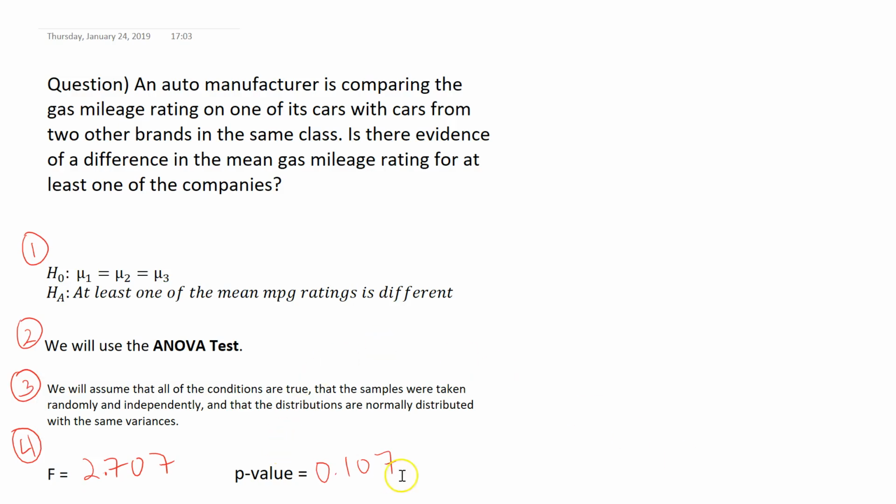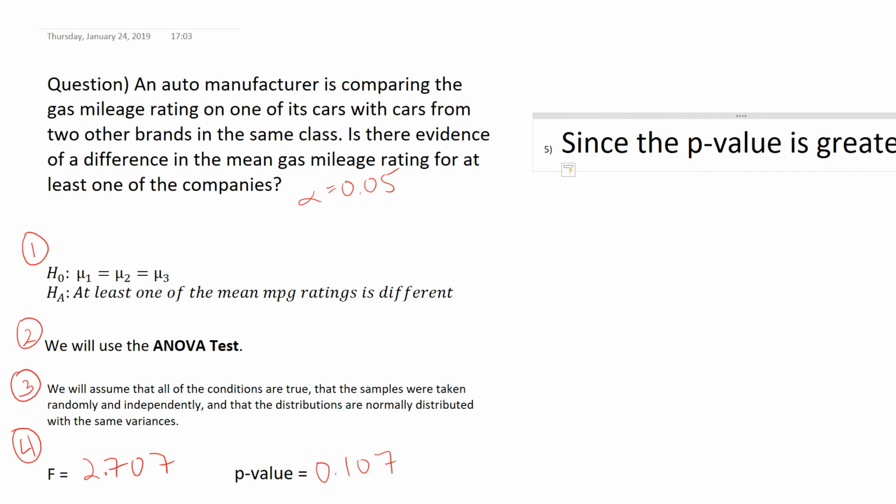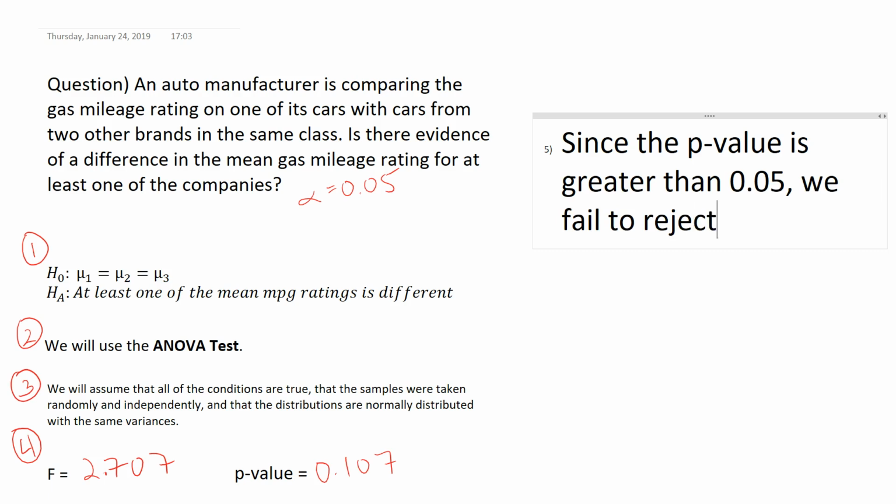So finally, we can evaluate this. We'll obviously use an alpha of 0.05 since it's not given to us. But we can make our final conclusion. So step 5, we see that our p-value is definitely greater than 0.05. So we're going to write, since the p-value is greater than our alpha of 0.05, we fail to reject the null hypothesis.